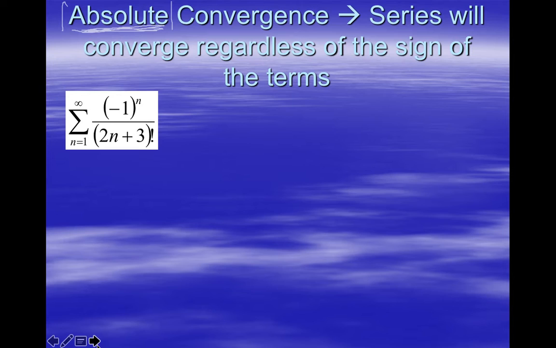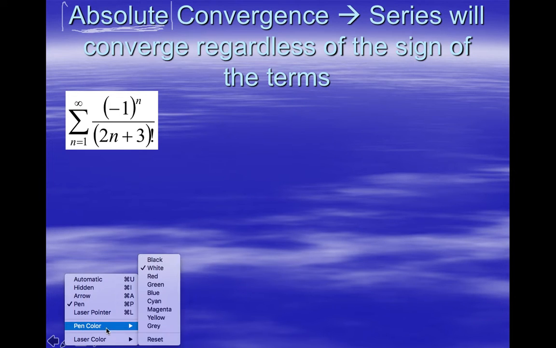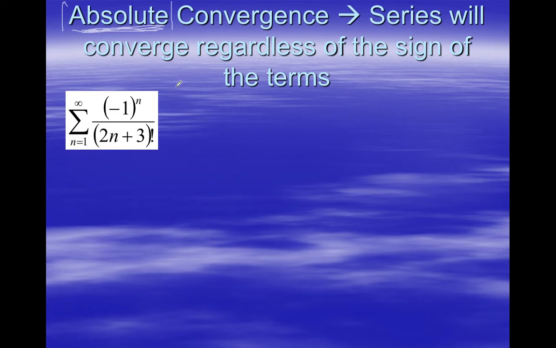So for example, look at this series. Now this is just numeric, right? There are no x's in this. Right? This is a numeric series. So, does this numeric series converge or not? Well, by the alternating series test it does, right?